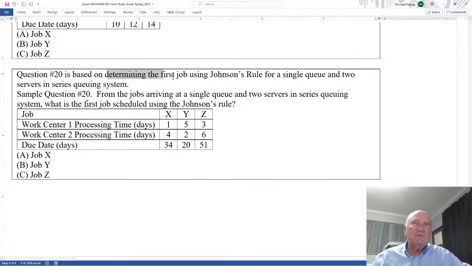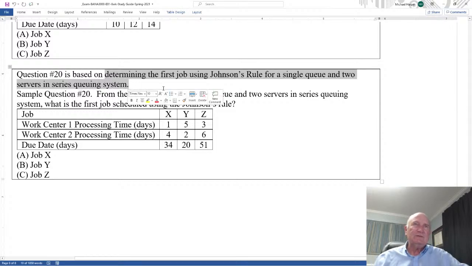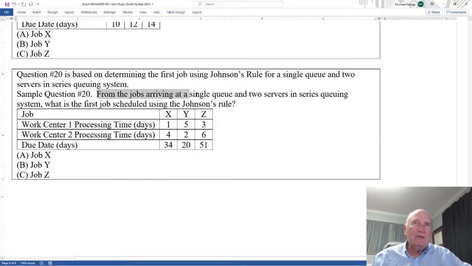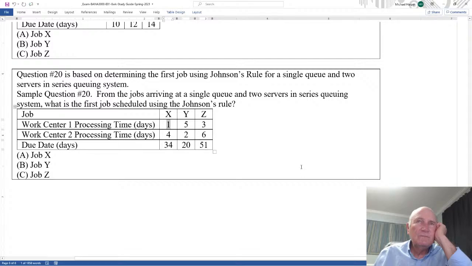Question 20 is based on determining the first job using Johnson's rule for a single queue, 2 servers in a series queuing system. From the jobs arriving at a single queue and 2 servers in series queuing system, what is the first job scheduled using the Johnson's rule? Okay, so first of all, you find the minimum processing time, which is 1, and that is on the first server, work center 1, and so X is going to be the first job.